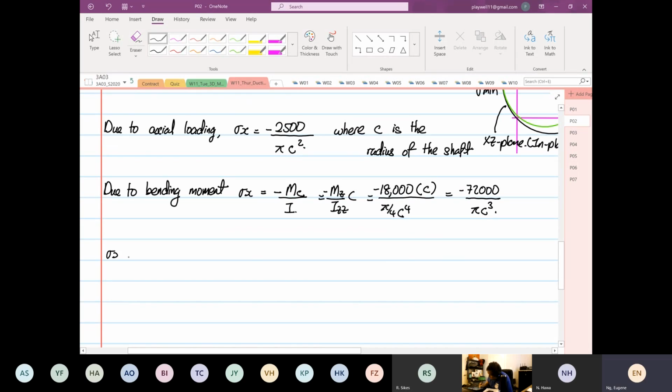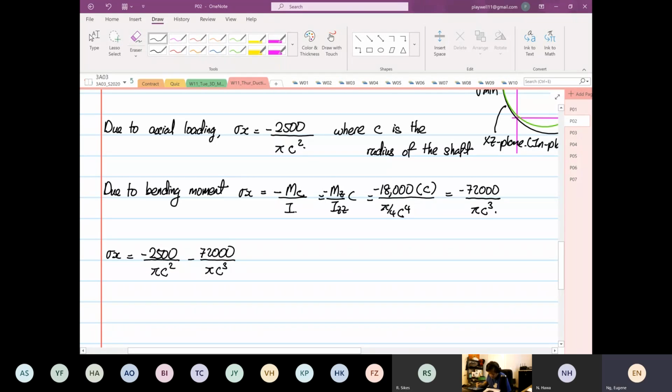So from here we can come out with an expression for stress X. It is equal to minus 2,500 divided by pi c squared, then minus 72,000 divided by pi c cubed.